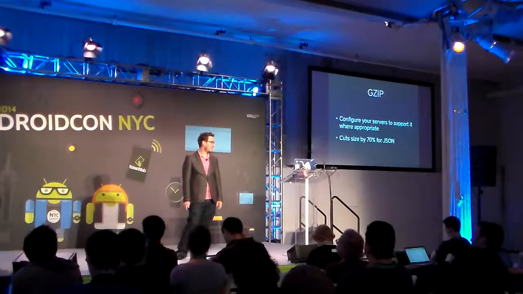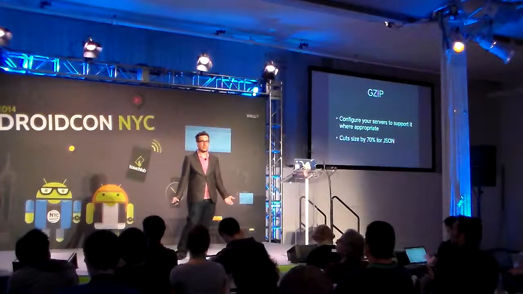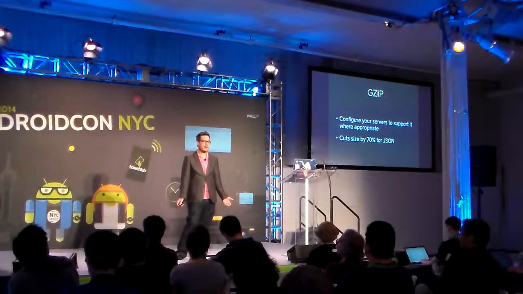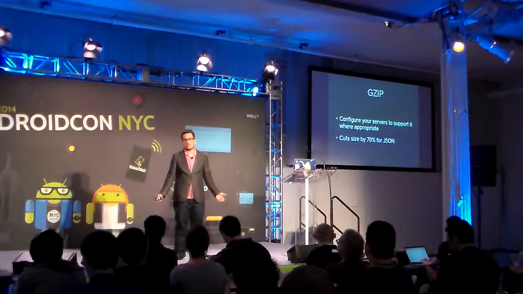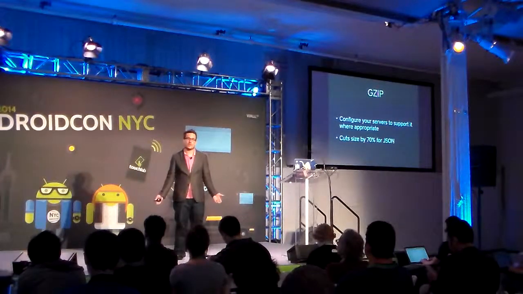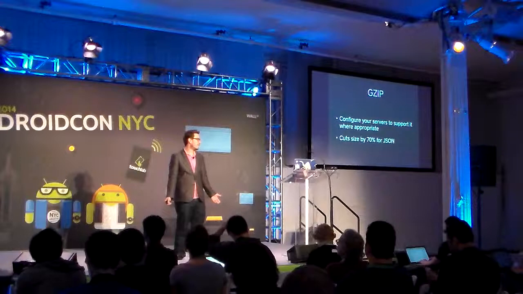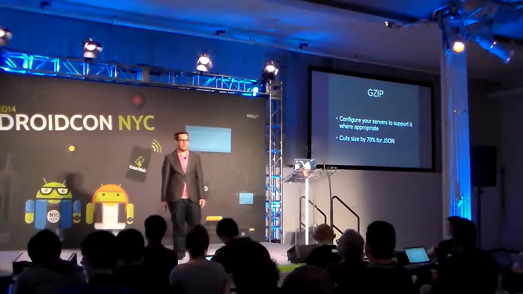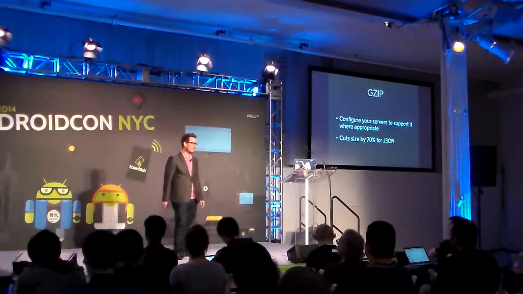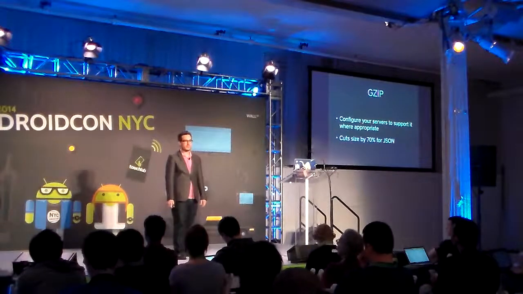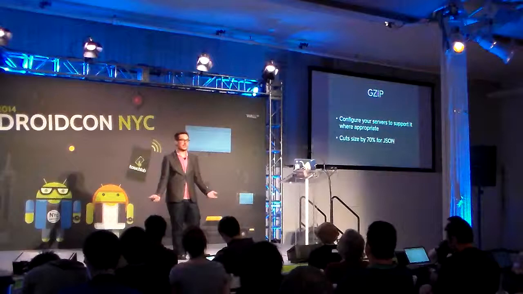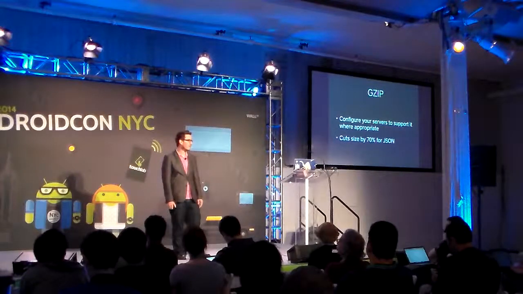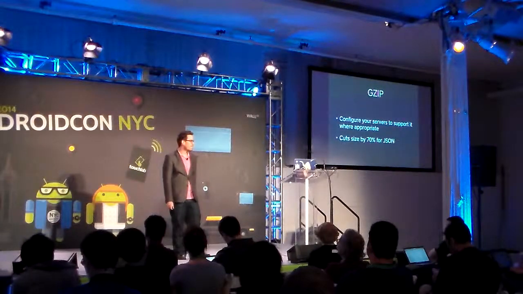In the same sense, gzip is such an easy win. You just go talk to your server guys and say, let's gzip all the things. They write a servlet filter or an interceptor or something, and all of a sudden you get great size improvements. Instead of downloading 100 kilobytes of JSON, you download 10 or 30 kilobytes of JSON. It's a big win.